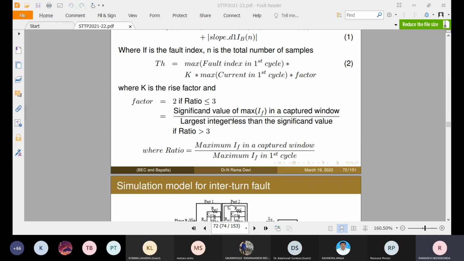If the ratio value is greater than 3, the factor value is the significant value of the maximum fault index in a capture window divided by the largest integer less than the significant value. How do you compute the ratio value? The ratio value is the maximum fault index in a captured signal divided by the maximum fault index in the first cycle. Based on that ratio, we take the factor value as 2 or otherwise this.